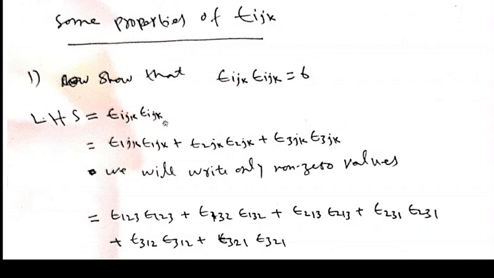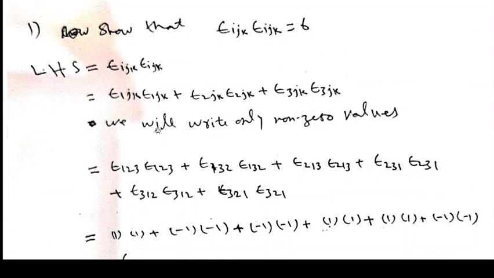You can start by expanding any index, ijk, not symbol, index. So this is the expansion of the index i from 1 plus 2 plus 3. So we have 3 terms.